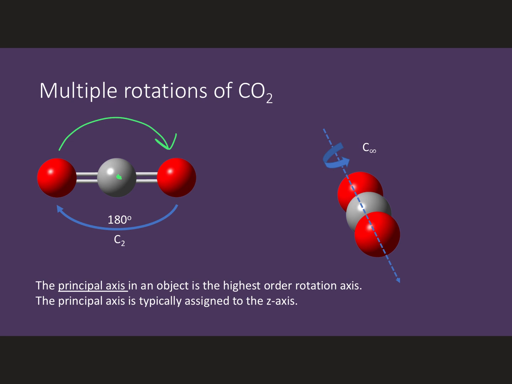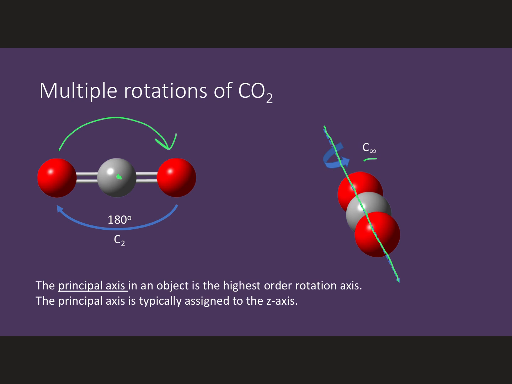So if I look down the barrel of my CO2 molecule, this is where everything would be eclipsed, where everything looks the same. But think about rotating along that axis. Now, every degree that we turn it would not be distinguishable. This is a unique type of rotation, which we call C infinity, because basically we can rotate it by any degree that we want and still have an identical axis.